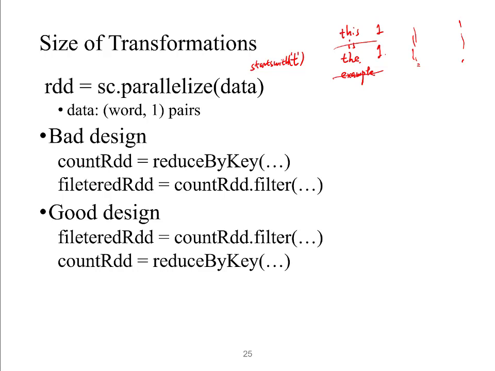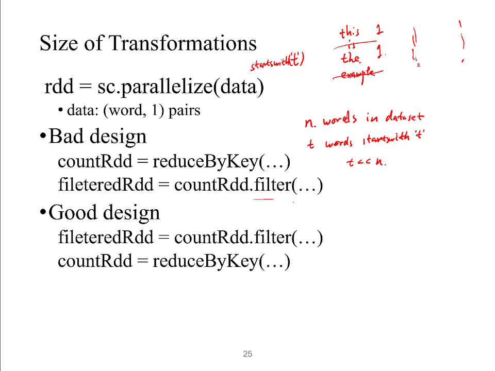Now, a bad design would be to use reduce by key to count the occurrence of all the words and then use a filter to prune those words that do not start with T. Because let's say you have in total n words in the data set, and only t words start with T. Apparently t is much less than n.